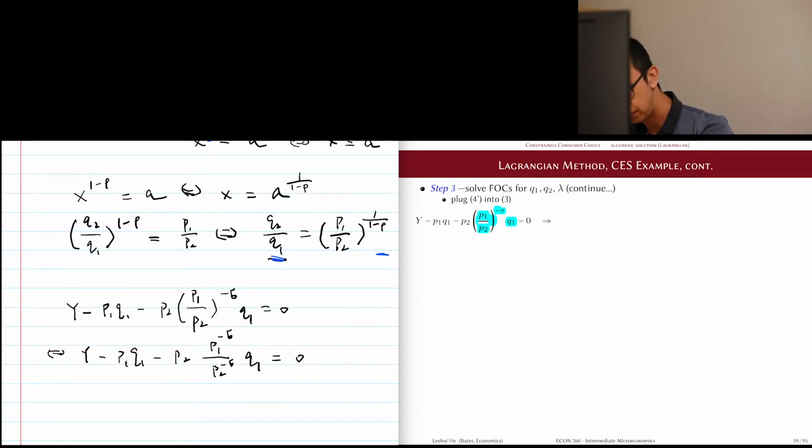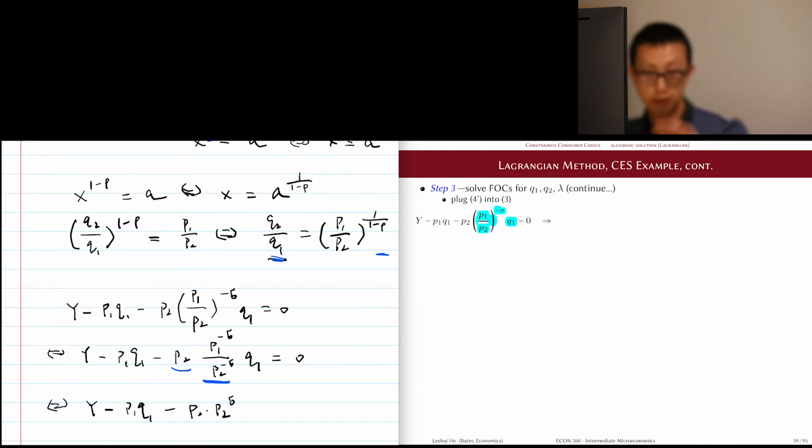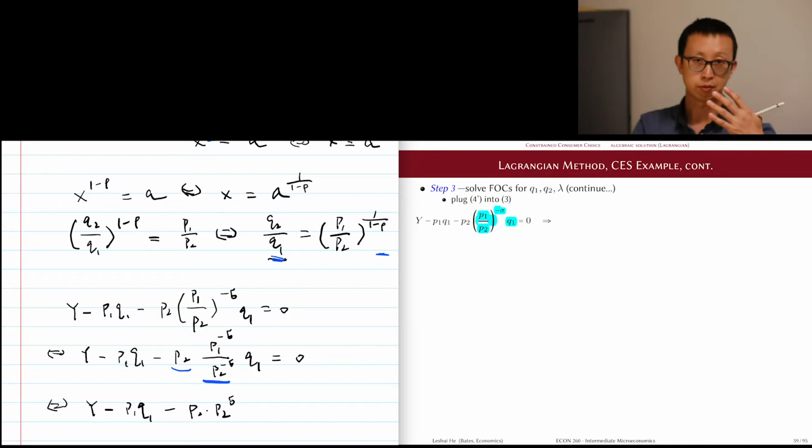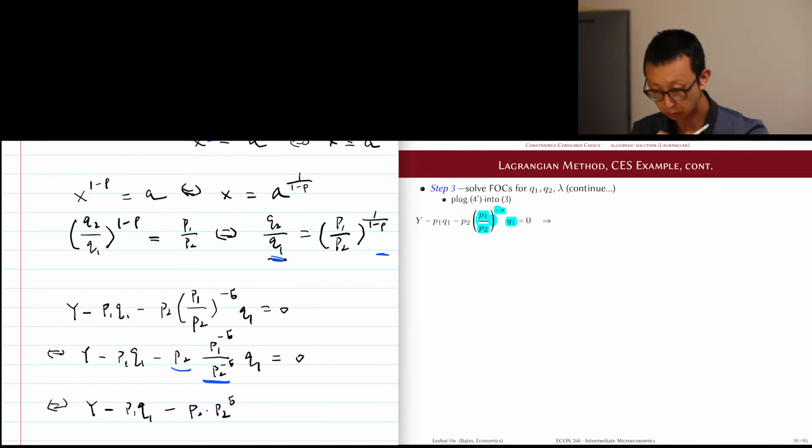And now we see a P2 here and a P2 to the power of minus sigma in the denominator. So we're able to combine these two terms, and our equation becomes y minus P1 Q1 minus P2 times P2 to the power of sigma, because we're flipping the P2 to the power of minus sigma from the denominator to the numerator.